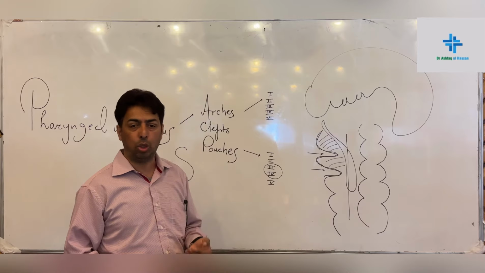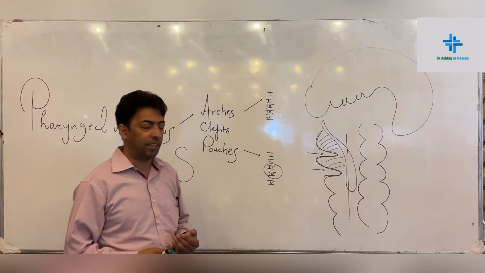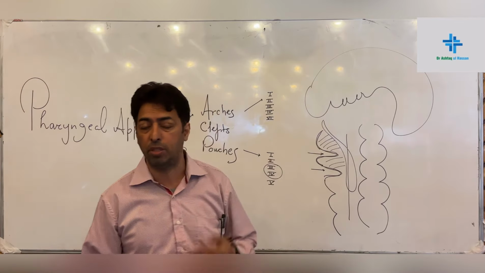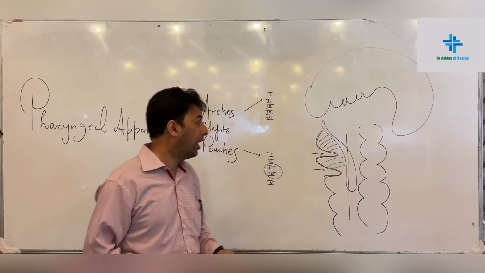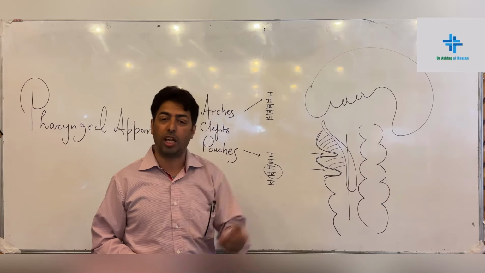I hope that you have understood these things well, and in addition, from the pharyngeal arches, you have to remember, if something goes wrong with the development of the pharyngeal pouches, there can be something wrong with the development of pharyngeal arches as well. Now imagine that the first and the second arches do not develop well. So what can be the problems?